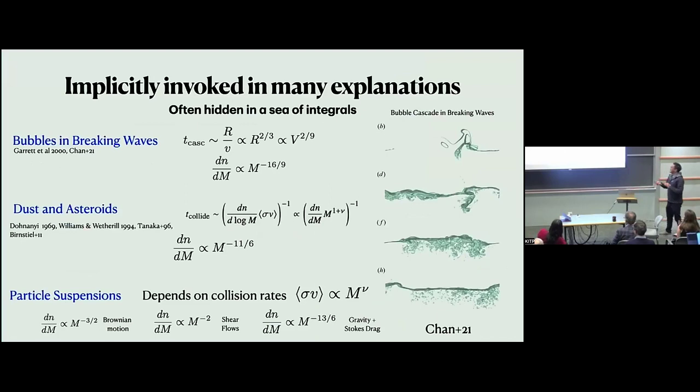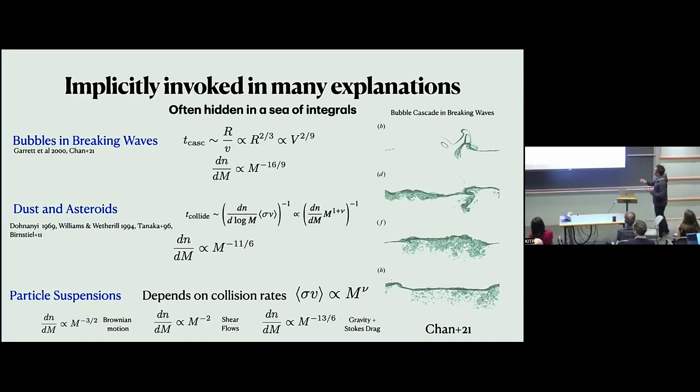If you look at the literature, the answers that people get can very often be just derived from this. They often derive it by very complicated methods, some Smoluchowski coagulation equation, but they get things that are Zipf's law-like, and you can reproduce their answer by just looking at their assumptions. For instance, in the ocean, there are bubbles in breaking waves, and if you assume the cascade time scales like the Kolmogorov eddy turnover time, you can get something like this, and they run experiments.